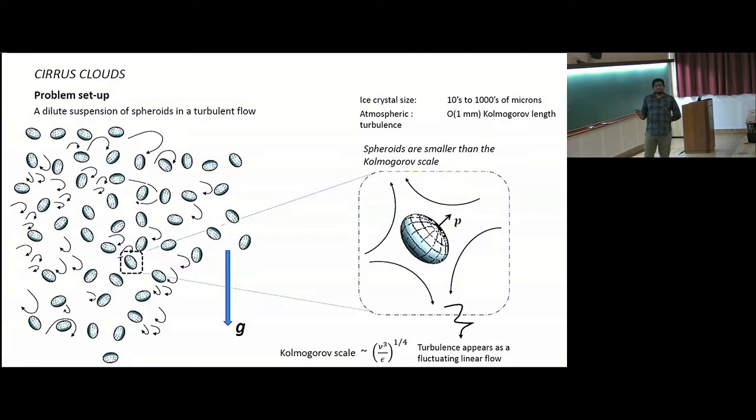So these ice crystals are sub-Kolmogorov in nature, and below the Kolmogorov scales, these particles see turbulence as a fluctuating linear flow. And this is important. This is what I've tried to show here, that particles actually see a linear flow instead of actually seeing the large scale eddies.